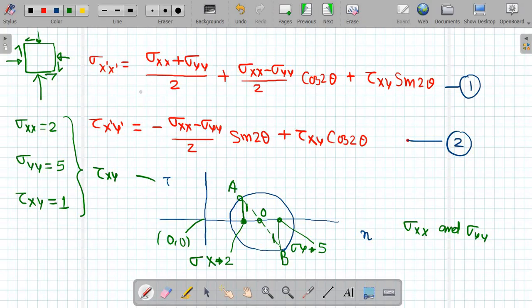So this is the center of the circle. Okay. Now, come to this part. Let us say this point is C. AC is the shear. So now this is the shear component.